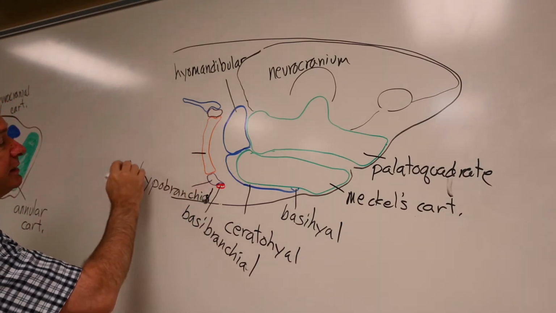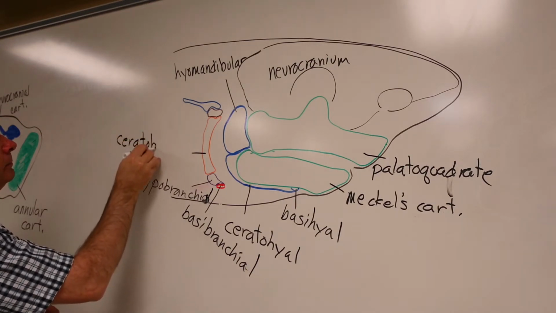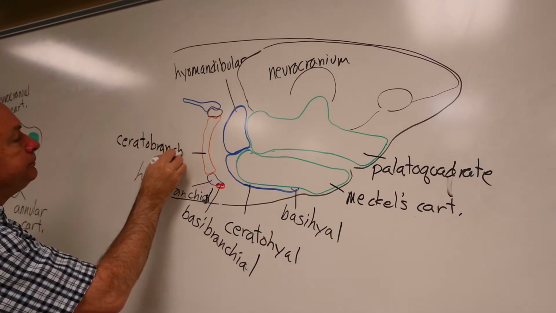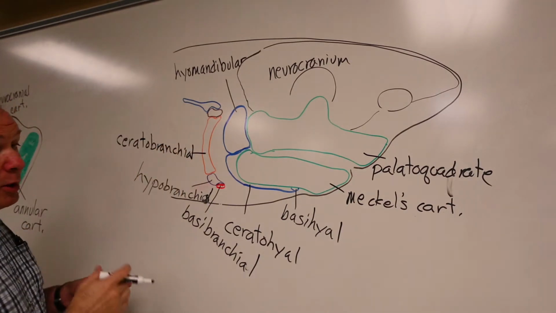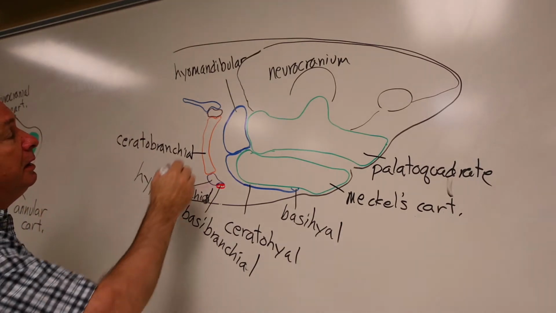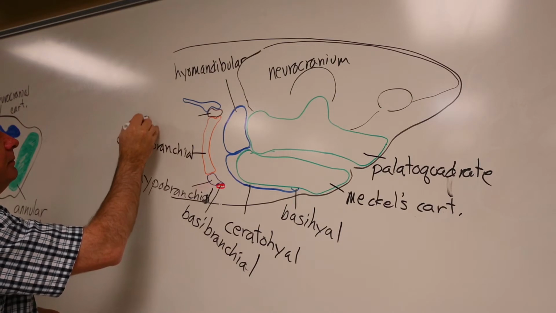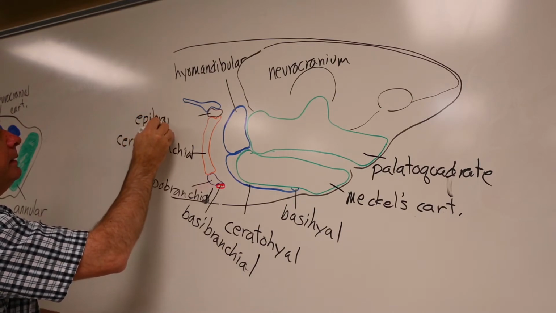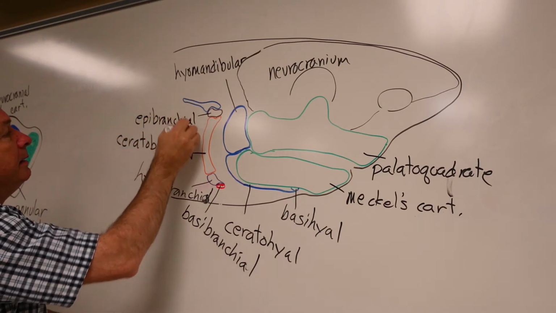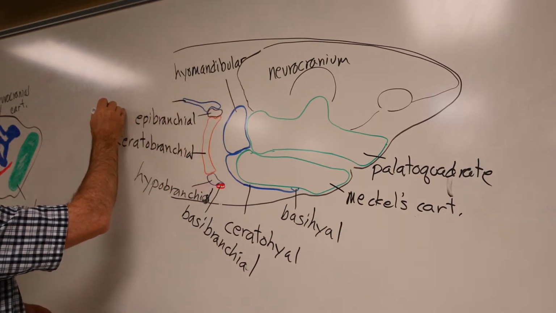Next above that is a ceratobranchial. Ceratobranchial is the main support for most of the gill in the shark. Above that is an epibranchial. And then finally a long pharyngobranchial that points backwards.